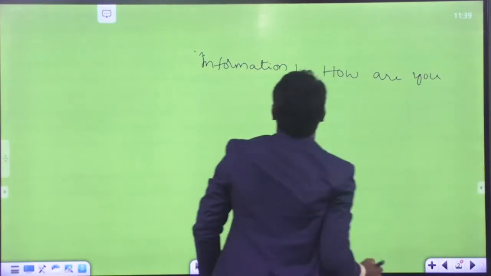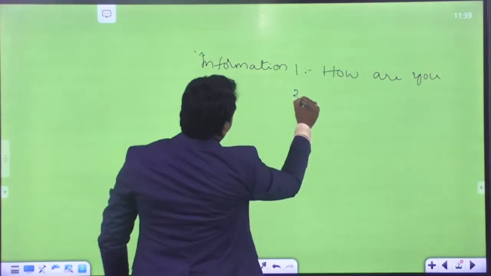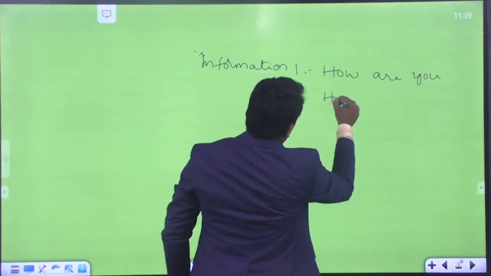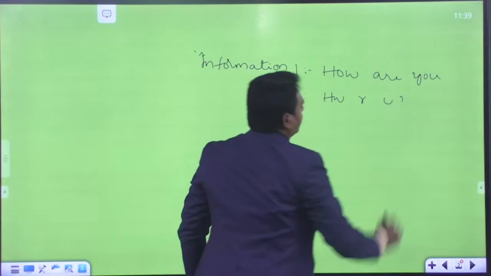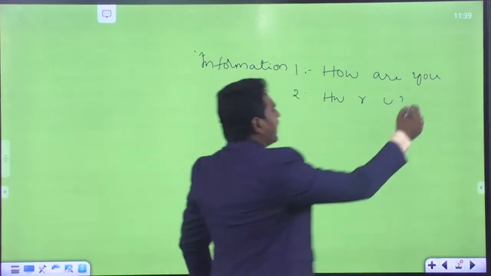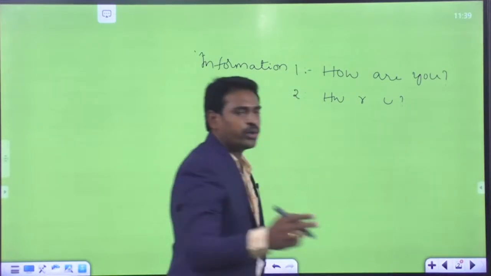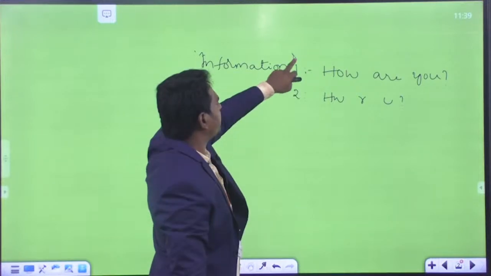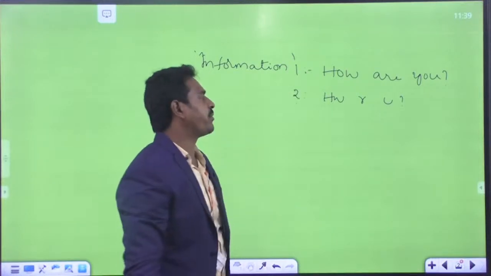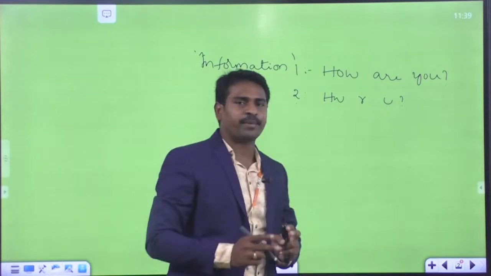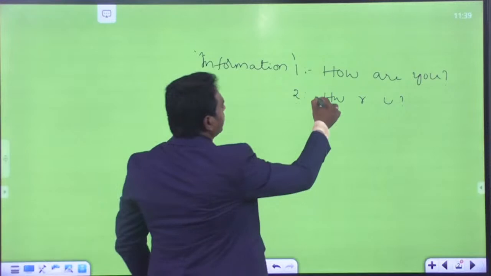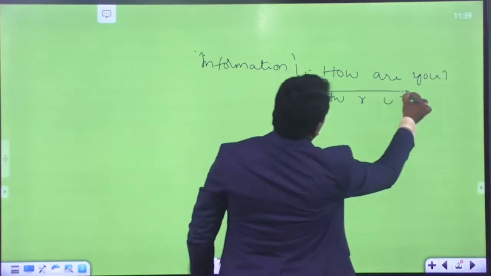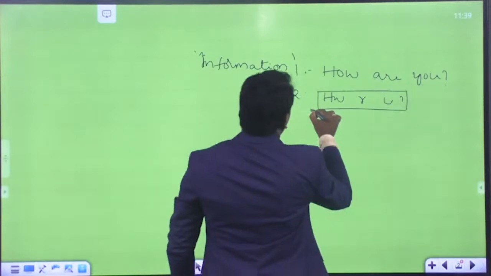And the same information can be represented in a second way, that is, how are you? So the same information is represented in two different forms, the first representation and the second representation. Out of these two representations, which one takes less data? Here, this requires less data to represent the particular information.